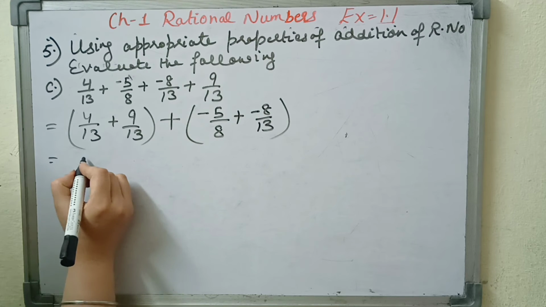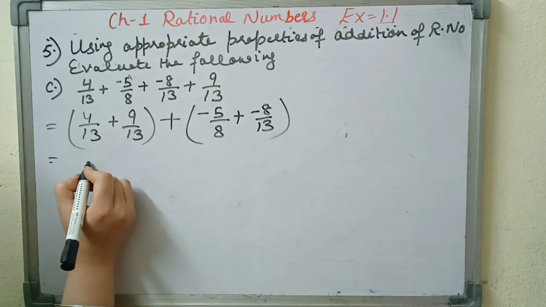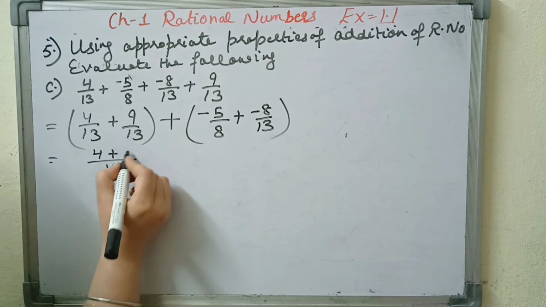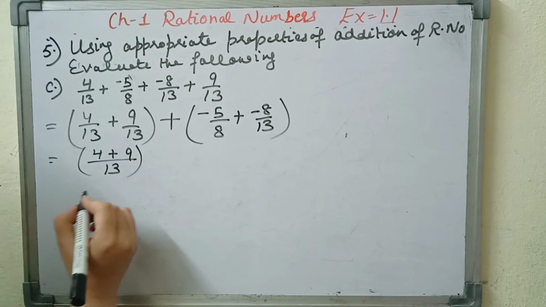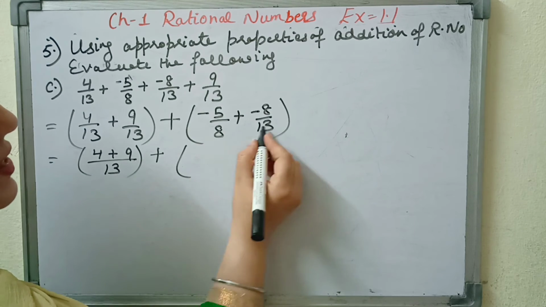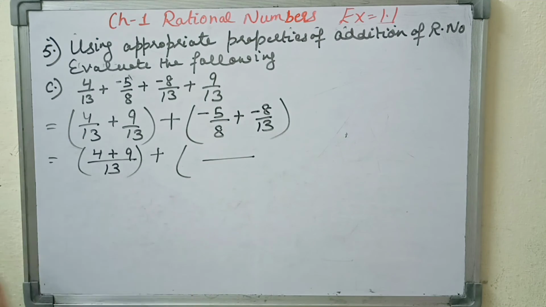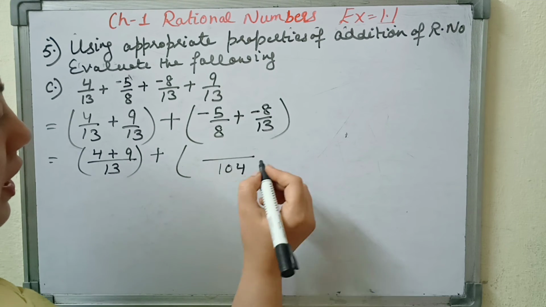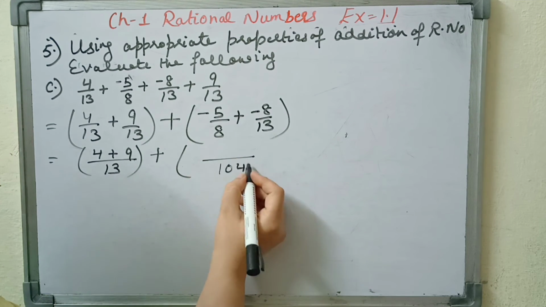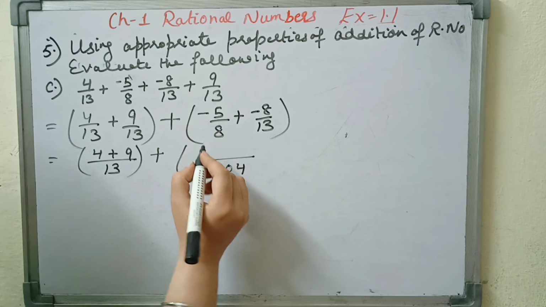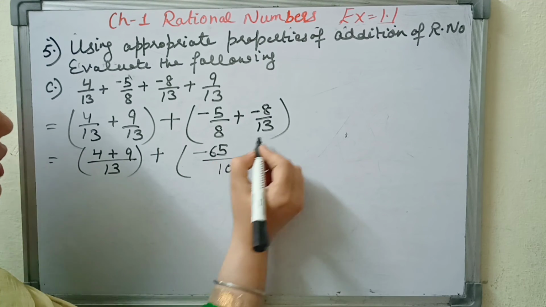Now, in the first bracket, the denominator is the same, so the LCM is 13 here, and the numerators are 4 and 9. In the other bracket, the LCM of 8 and 13 is 104. 104 divided by 8 is 13, and 13 multiplied by minus 5 gives minus 65.